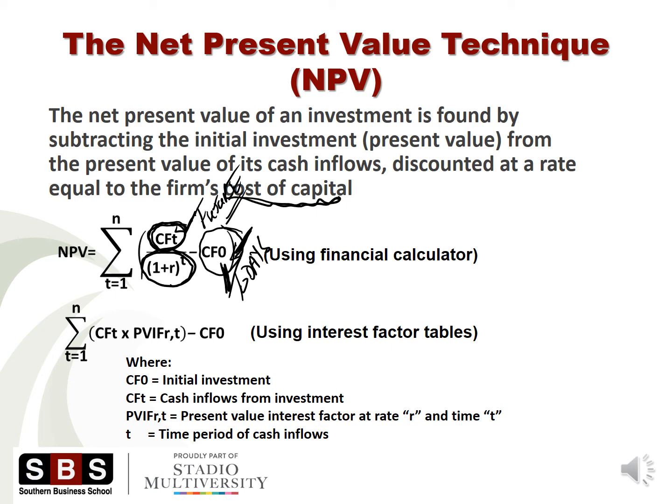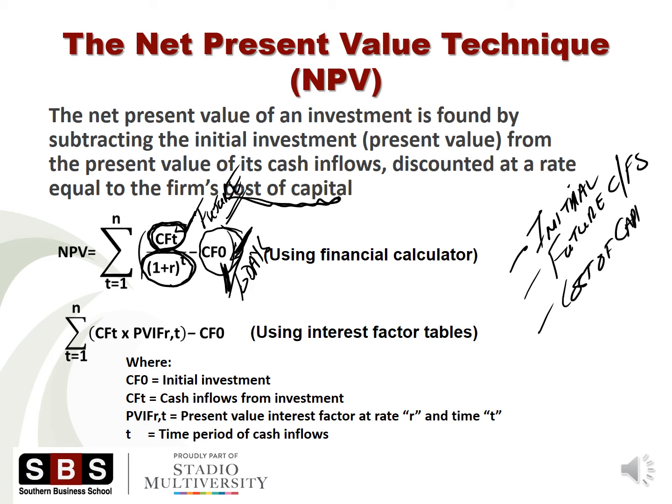So in other words, in order to calculate a net present value, you need 3 sets of information. You need the initial investment amount, which means the capital amount. You need the future cash flows, and you need the cost of capital percentage.